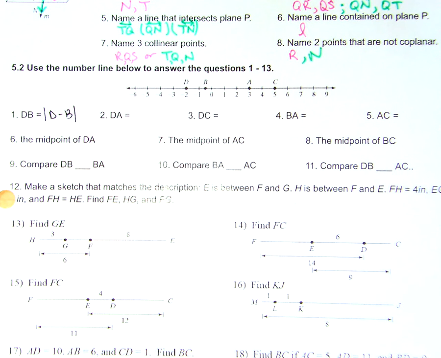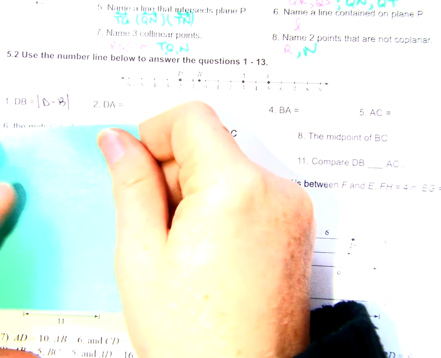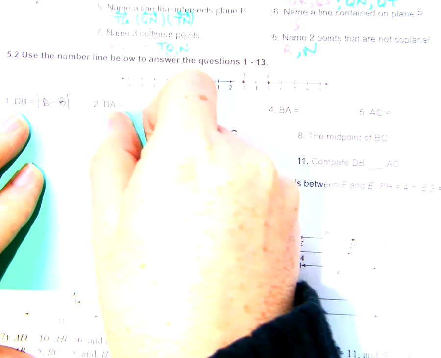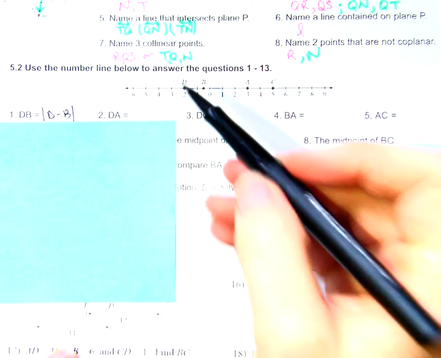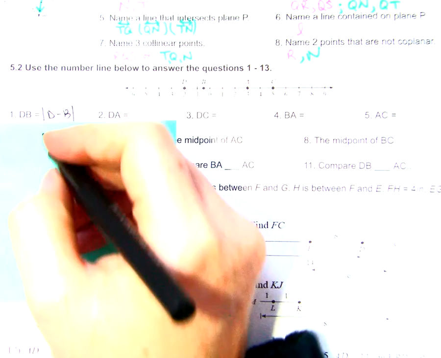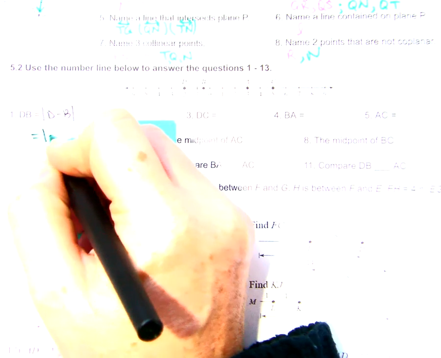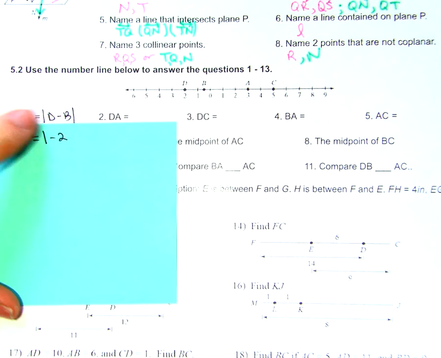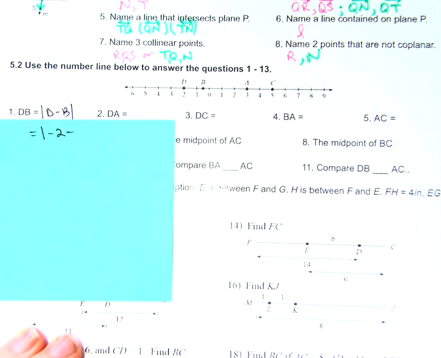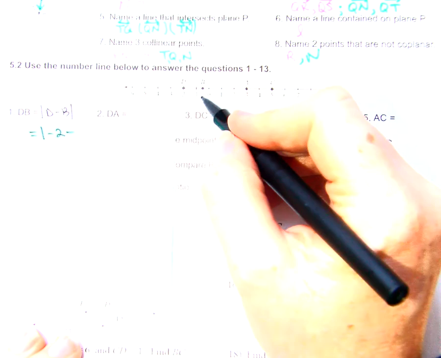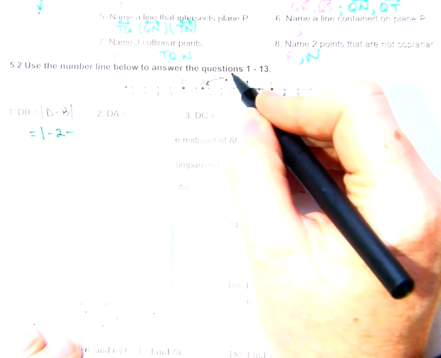I'm just going to get a sticky note here so that I can work this problem. You may want to get on a separate sheet of paper at this point because there's really not enough room. So D to B, if I look at point D is at -2, so this is going to equal -2, replacing D with -2, minus B. And B is at -0.5.